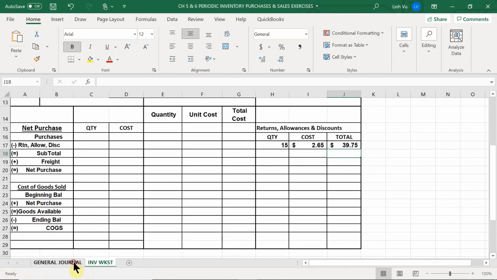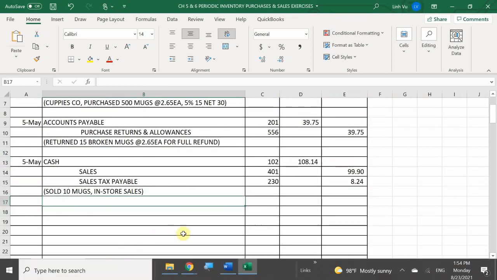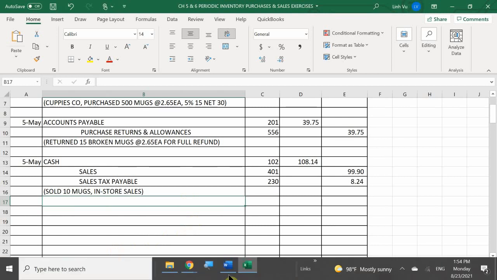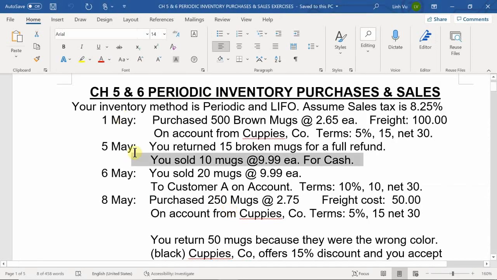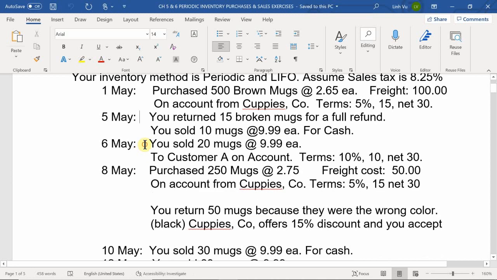It's going to let you know at the end how many units you have on hand. When you sell, it's just for the journal. Correct, because at the end of the day, we're going to count how much we sold.